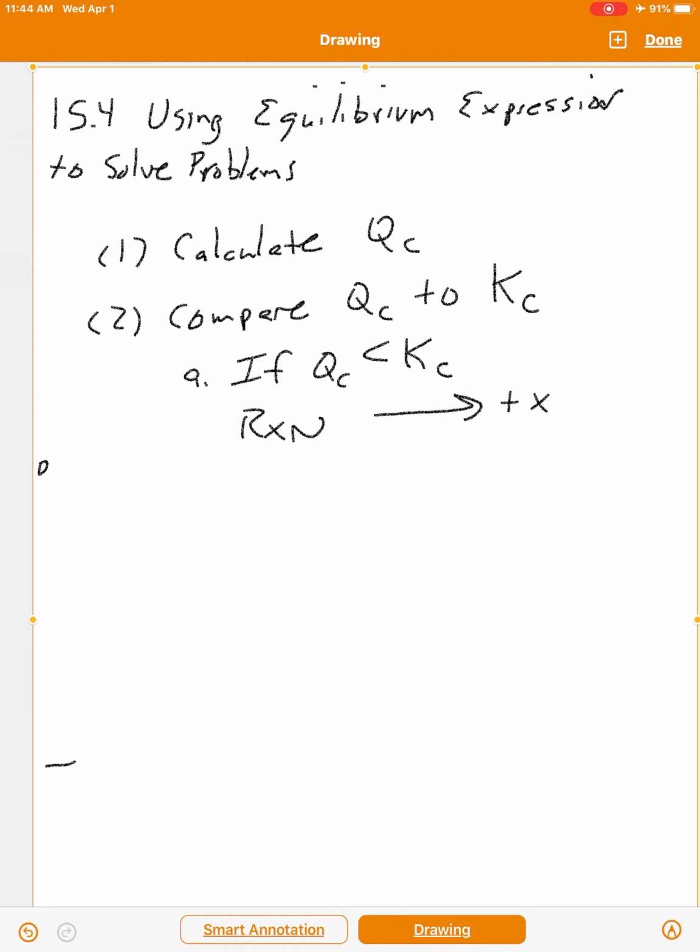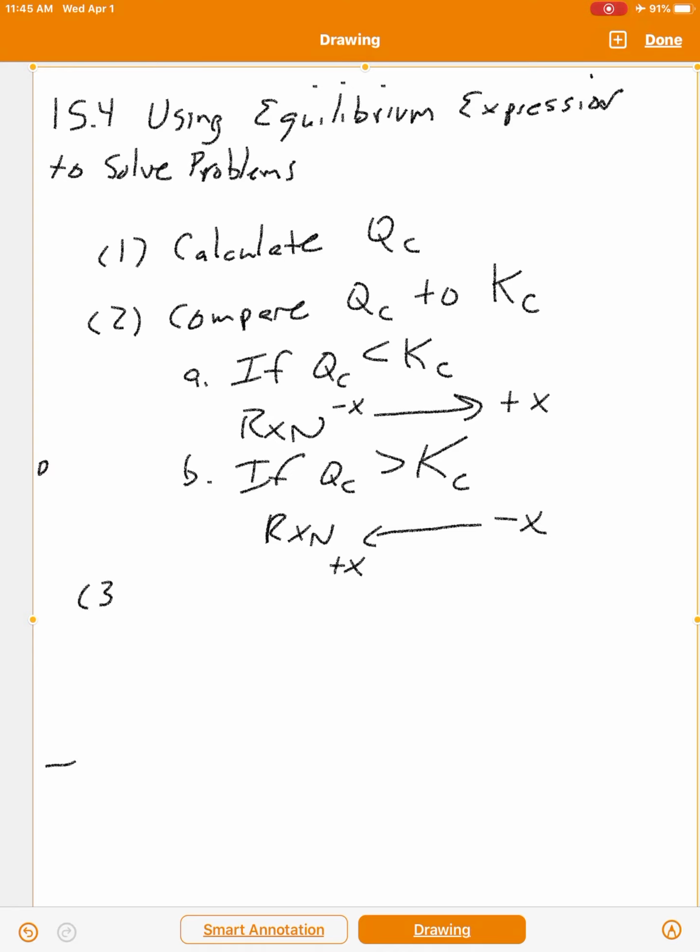So you get plus x on the right side and minus x on the left. If Q is greater than K, which is what we just saw, then that means the reaction goes this way, to the left. So you get plus x on this side and minus x on that side. Now, the trivial case is that it turns out it's just equal to K, then that means it's already at equilibrium and there's nothing to solve for.